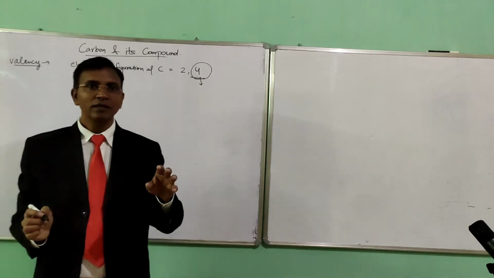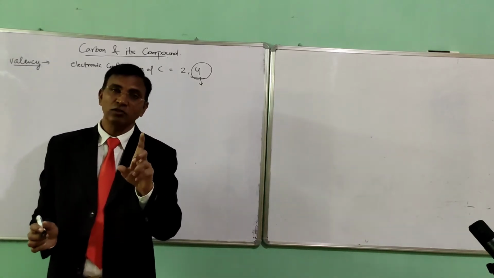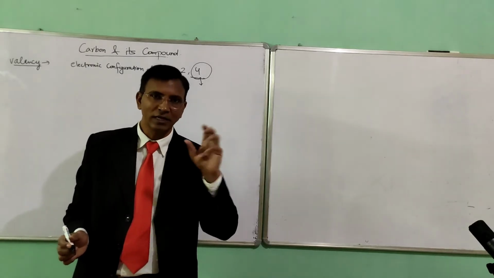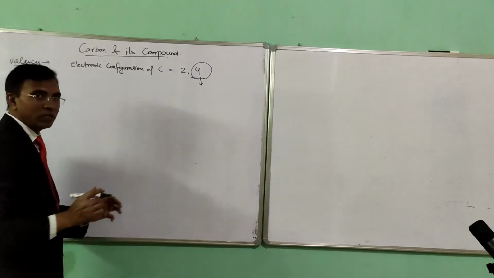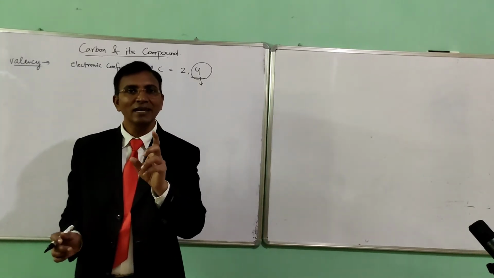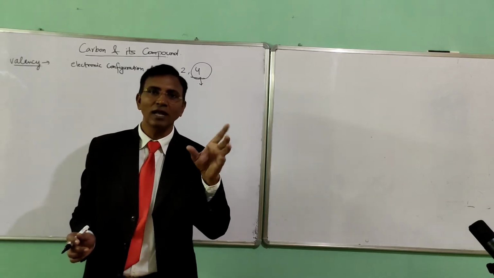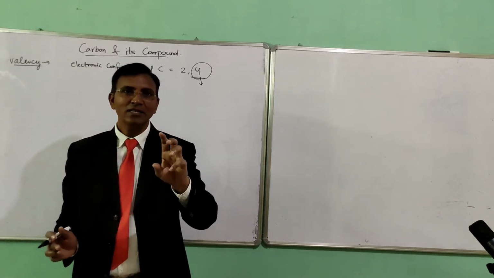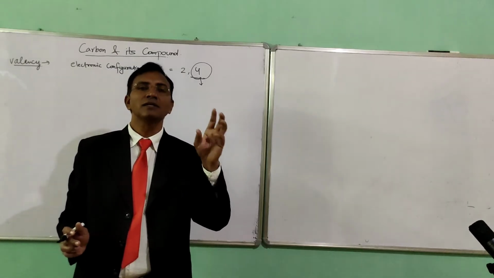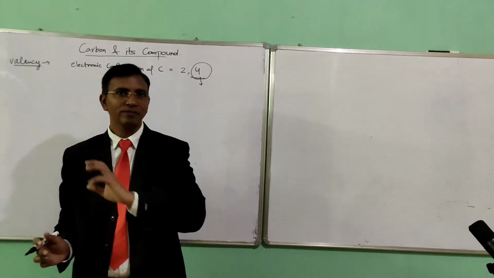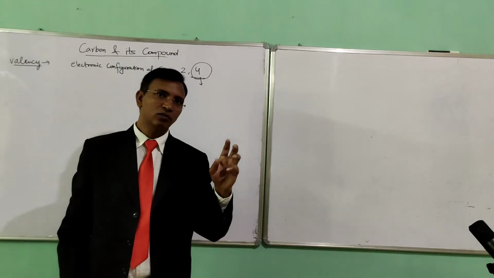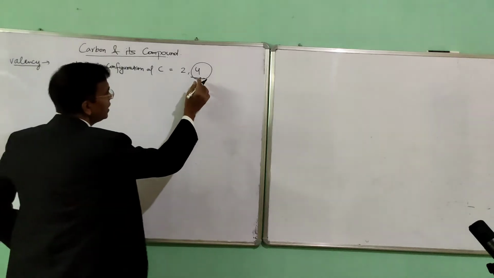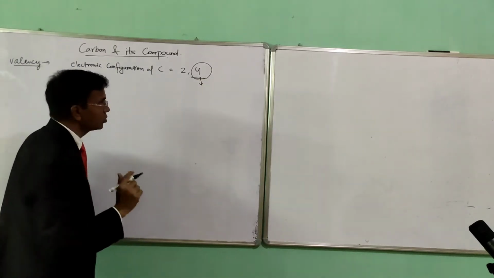So the carbon atom needs 4 electrons to complete its octet, right? Octet means 8 electrons in the outermost shell to achieve the nearest inert gas electronic configuration, because every atom tends to complete its octet.